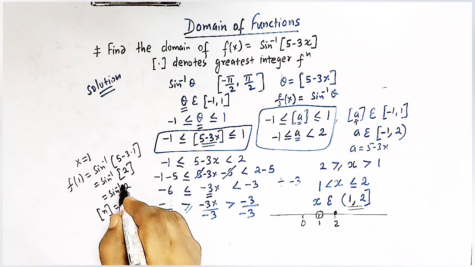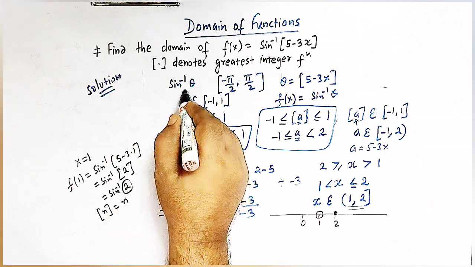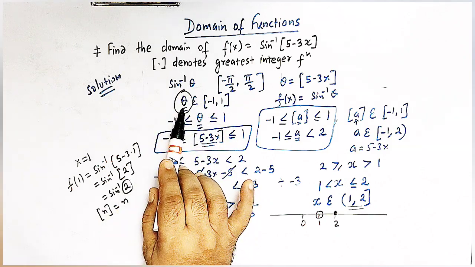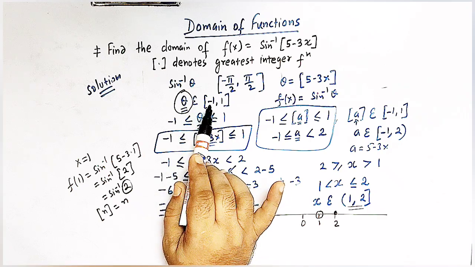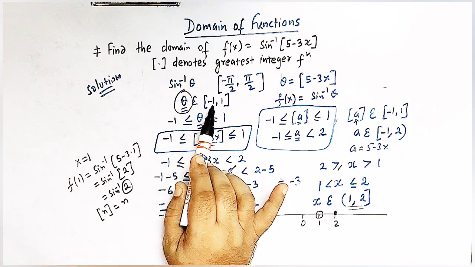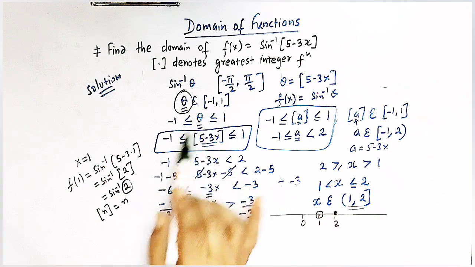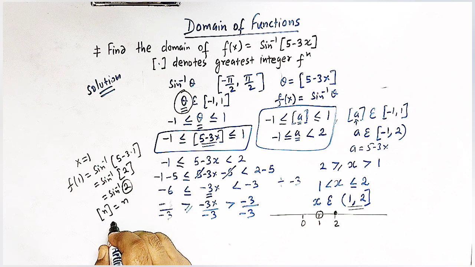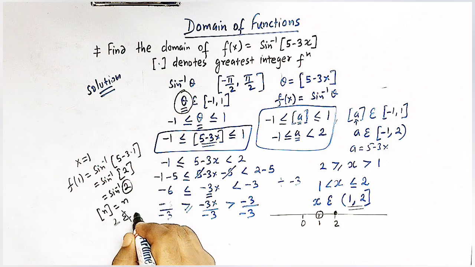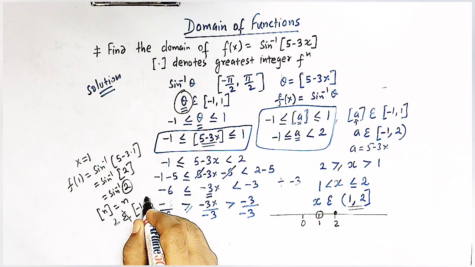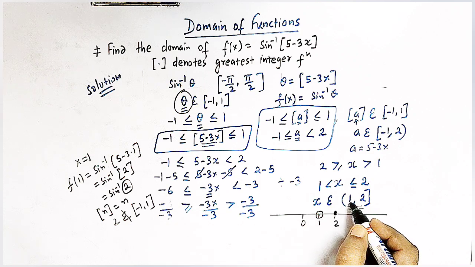So we have sine inverse 2, and from here we can see that theta must belong to the interval minus 1 to 1, right? So here we have 2, and 2 does not belong to the interval minus 1 to 1. So we cannot take x equal to 1 in our domain.